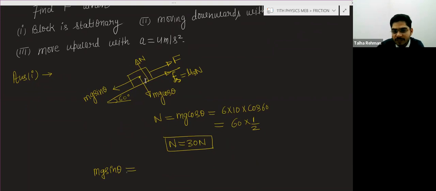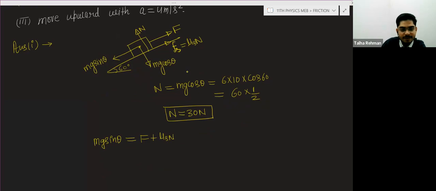That is why this block is stationary. Or you can write it in the form of net force: mg sin theta equals F plus mu s into N. Here m is 6, g is 10, sin theta means sin 60 degrees, and this F we have to find.